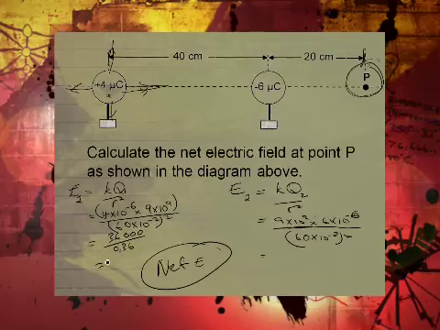That will be equal to 36,000 divided by 0.36, and what do you get? You've got 100,000, which is 1 by 10 to the power 5 newtons, volt per meter. Let me just put it that way, volt per meter.